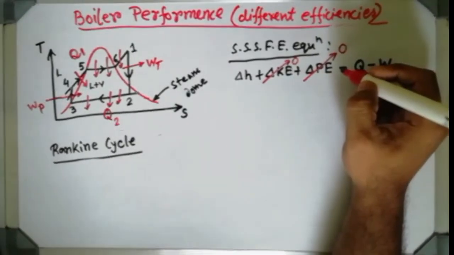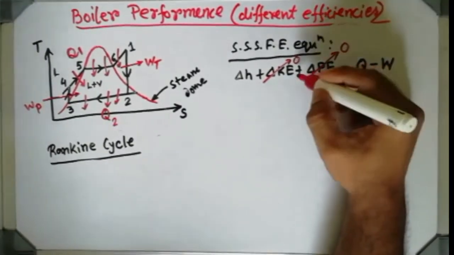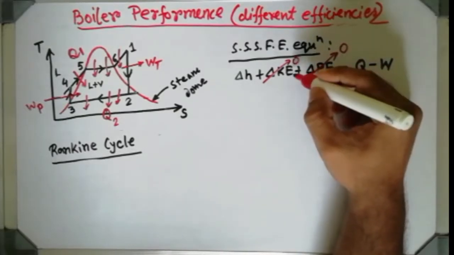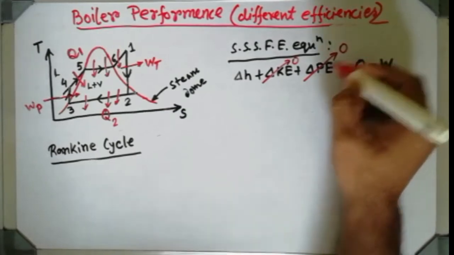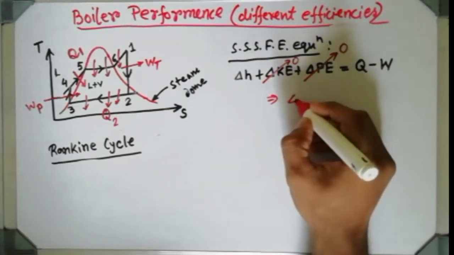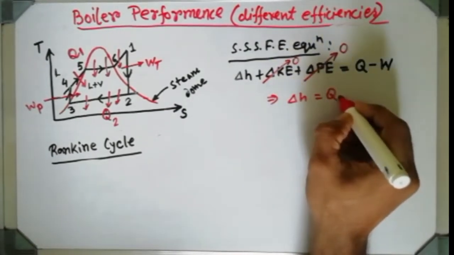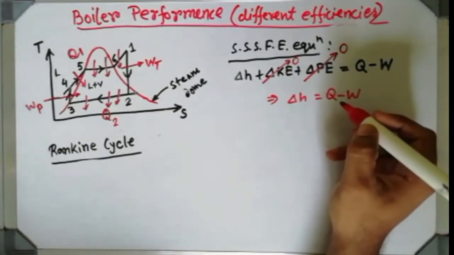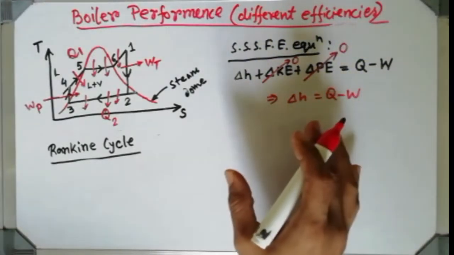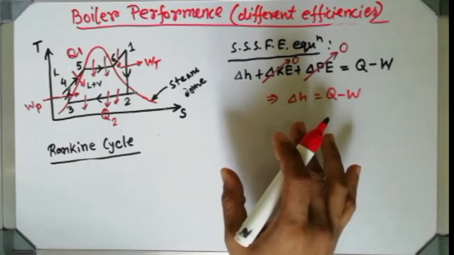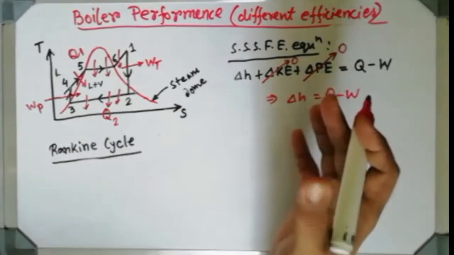So if we ignore these two parts, that there is no change in kinetic energy and no change in potential energy, then the equation becomes del H equals Q minus W. Understood?